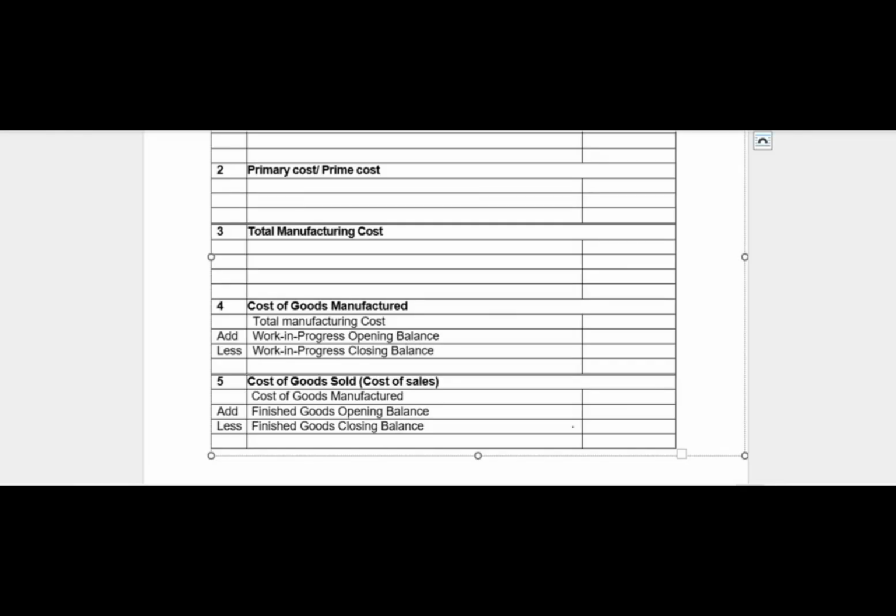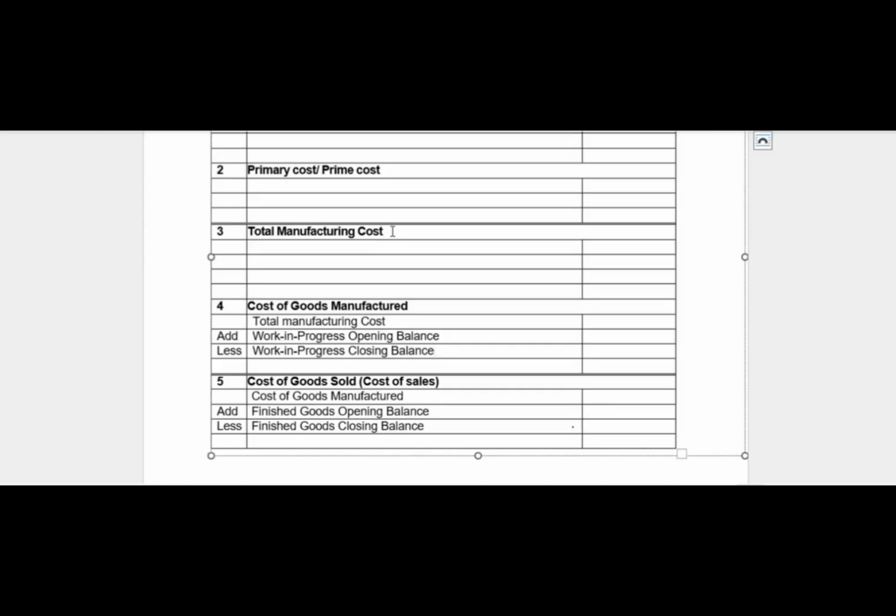So you see, cost of goods manufactured is equal to total manufacturing cost, you add work in progress opening balance, you less work in progress closing balance. So it means we cannot calculate cost of goods manufactured without total manufacturing cost.